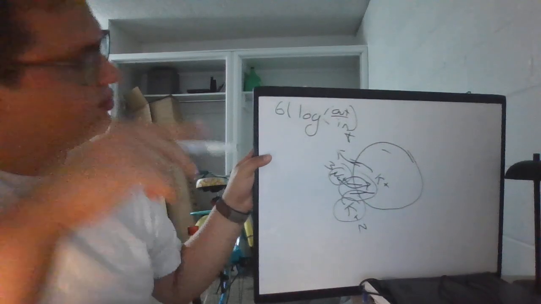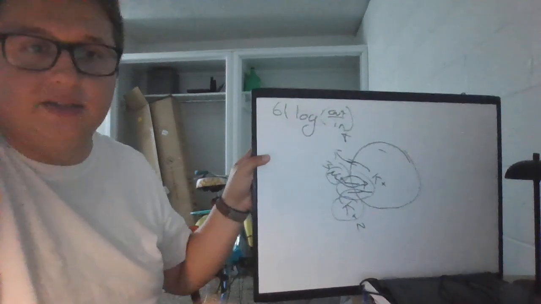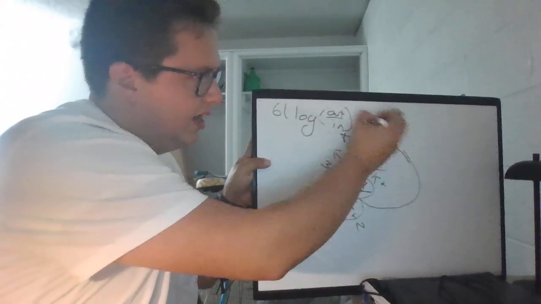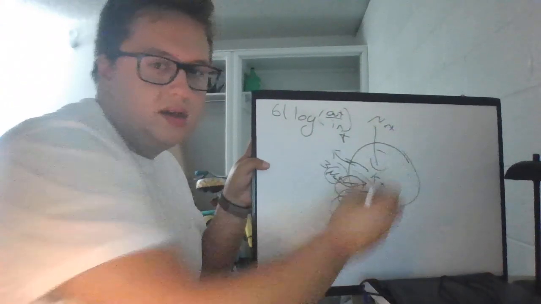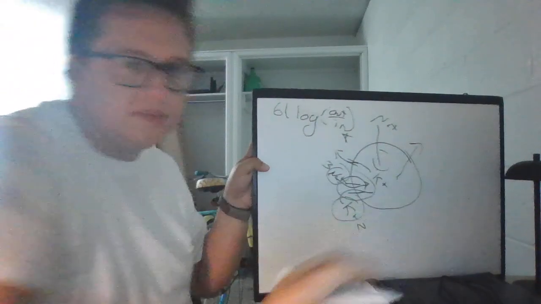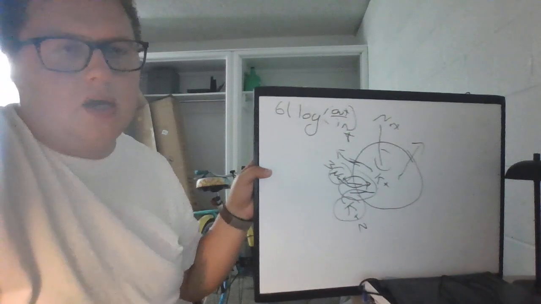And this tells us which way the ion is going to move, either inside the cell, so we could have sodium coming inside the cell, or coming outside the cell.